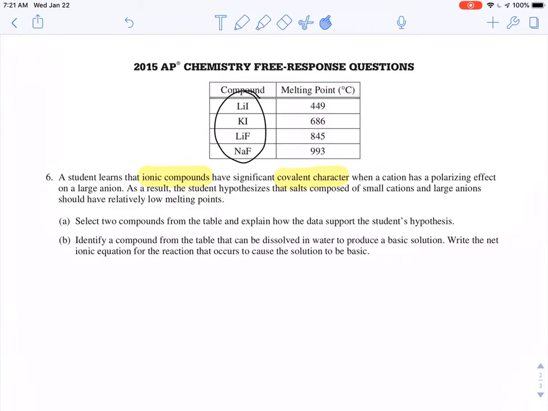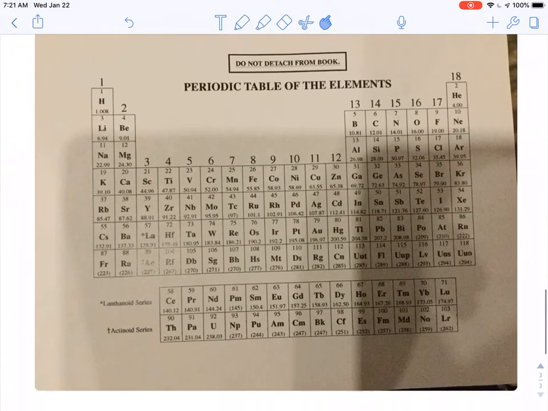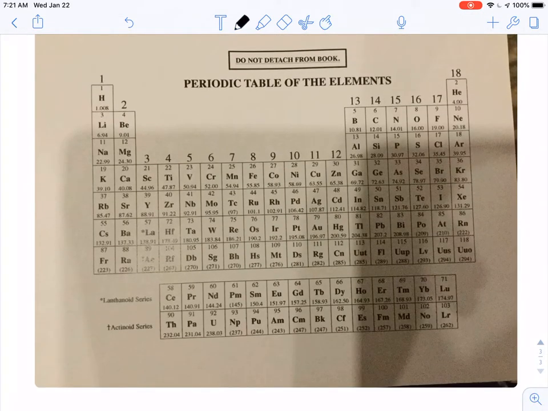And before we can do this, we need to understand how the atomic radius trends work on a periodic table. So if we're looking at a periodic table, atomic radius increases as we go down the table. And this is because the atoms have more electron shells as we go down, and this is going to increase the radius of the atom.